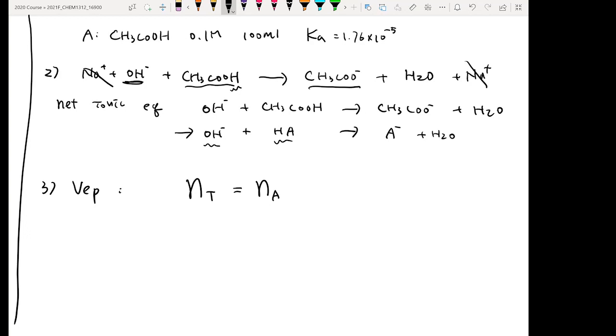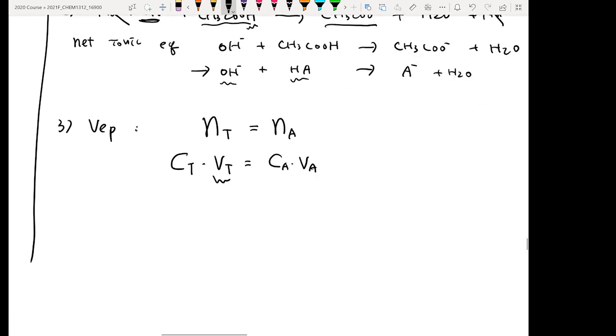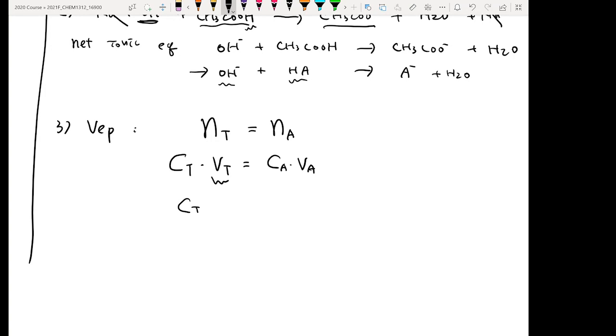The number of moles is calculated using concentration times volume. So the concentration of your titrant times the volume of your titrant, which is your VEP, equals the concentration of your analyte times the volume of your analyte.